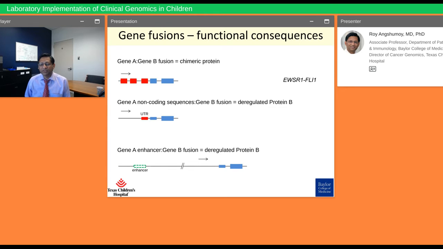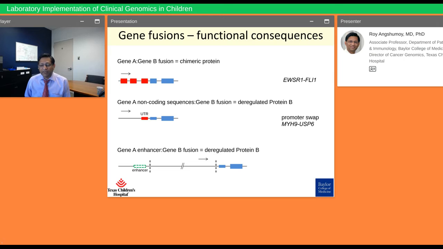So there is no coding sequence or no protein coming from gene A, but gene B in this case is being driven by the promoter of gene A. This example, where it's a deregulation of the expression of protein B under the control of the gene A promoter, is often known as a promoter swap event. A great example is myosin heavy chain 9 with USP6 in nodular fasciitis.